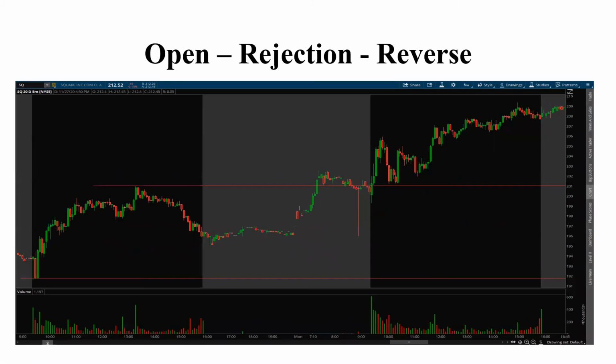Then another one, Square: they initially drove it back down, then rejected it, and it reversed, back to the opening print, only to go right back up through it and go further into the afternoon. So that's the open rejection reverse.